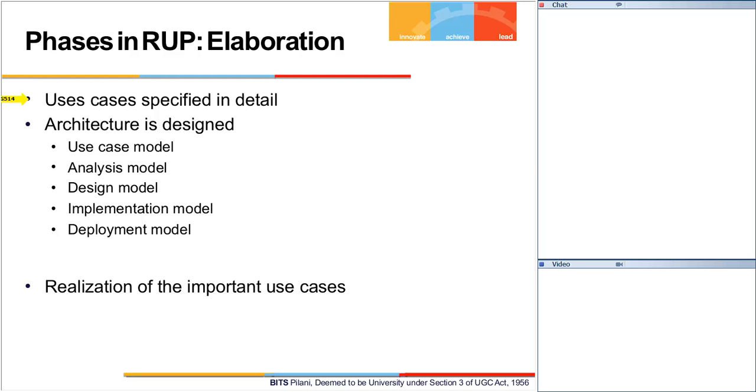And these are the various important models which are created in this elaboration phase. This is the whole phase which we are going to stick to in this course, right? So your use case model, analysis model, design model, and so on, right? We're going to have a complete course which focuses on the elaboration phase itself, right?